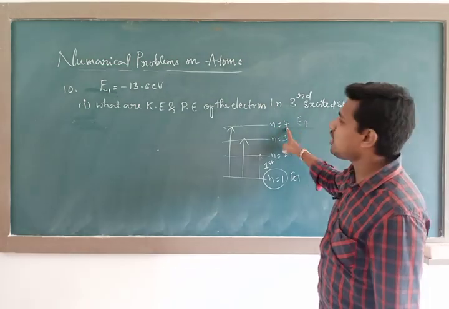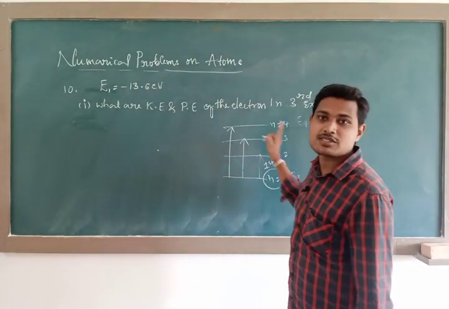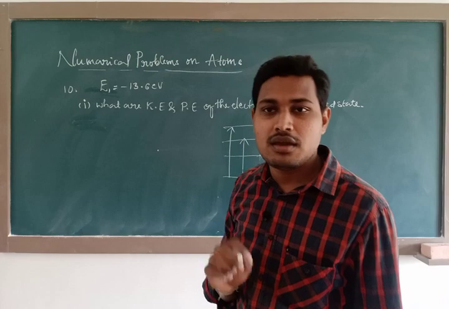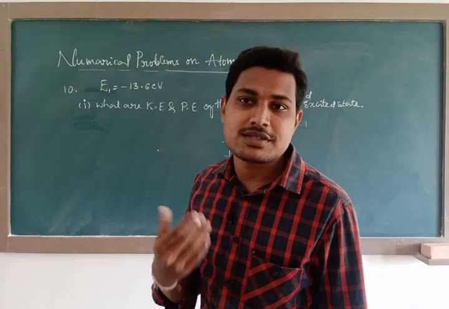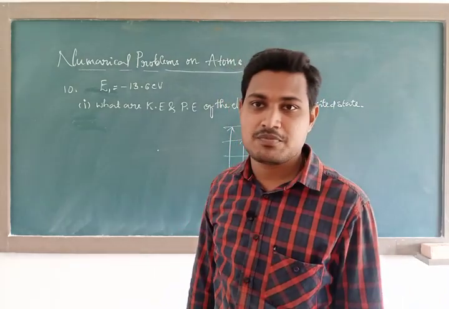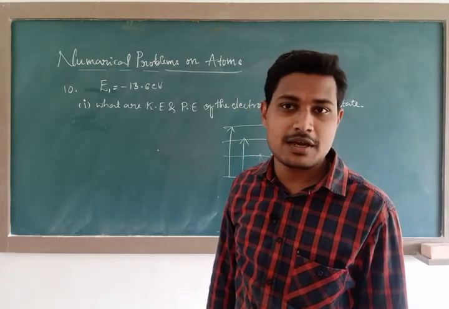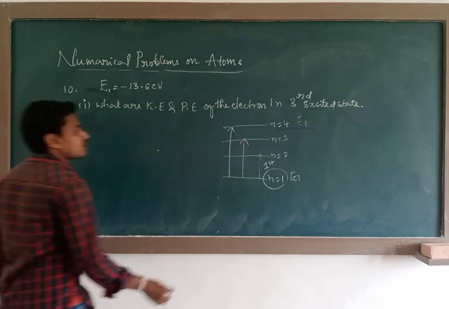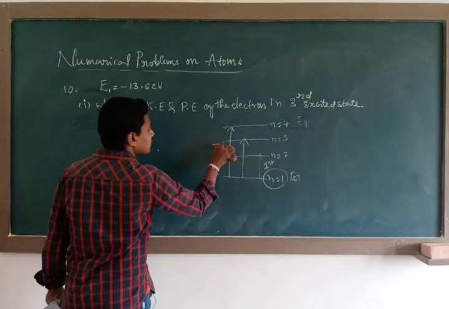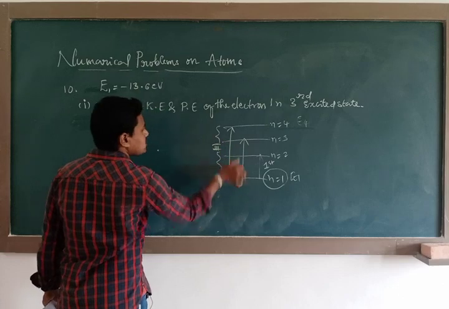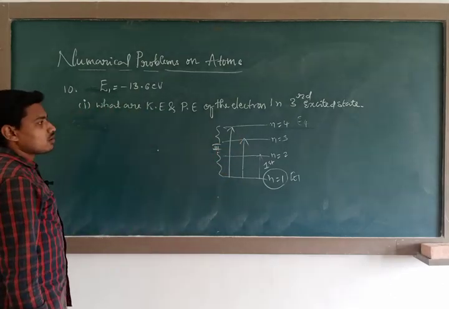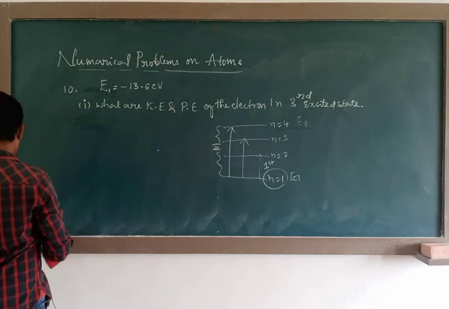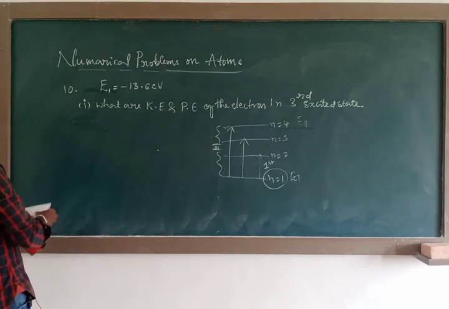Later on, we shall find the kinetic and potential energy of the electron in the fourth orbit. So that gives the energy, kinetic and potential, in the third excited state. Very simple question. Is it clear? This is the third excited state, corresponding to 1 to 4.